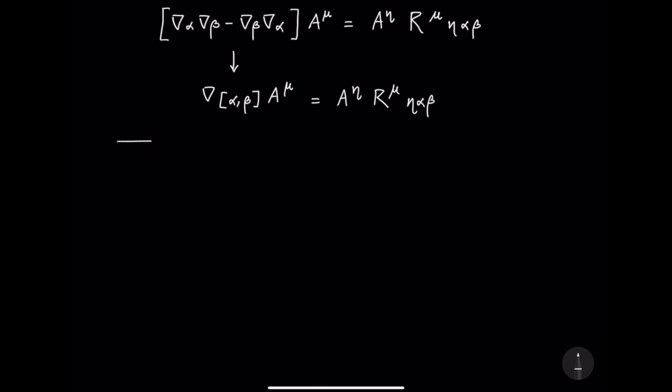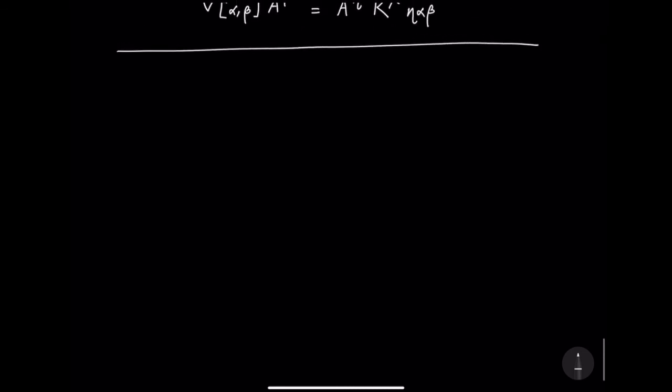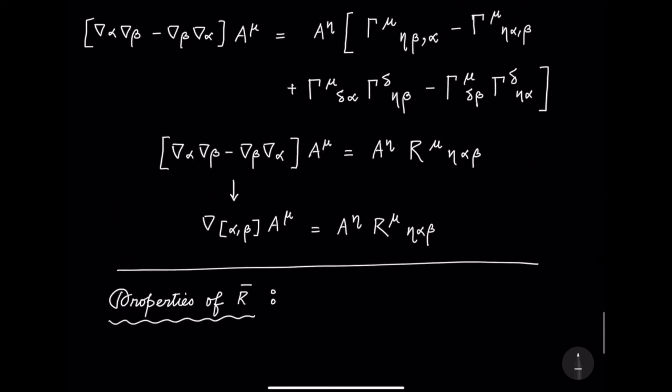So let's look at some properties of R. Now, as you can imagine, it's quite a complicated object, so it will be very difficult to look at its properties in an arbitrary system.